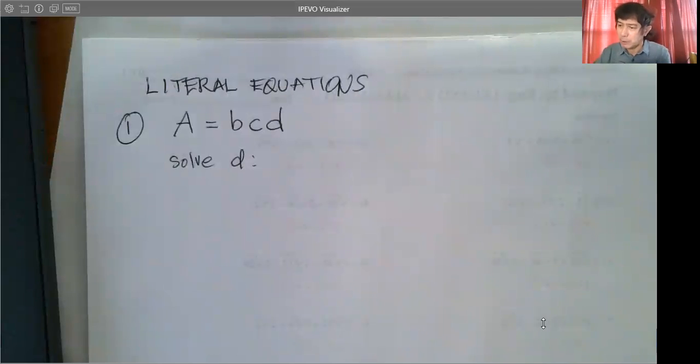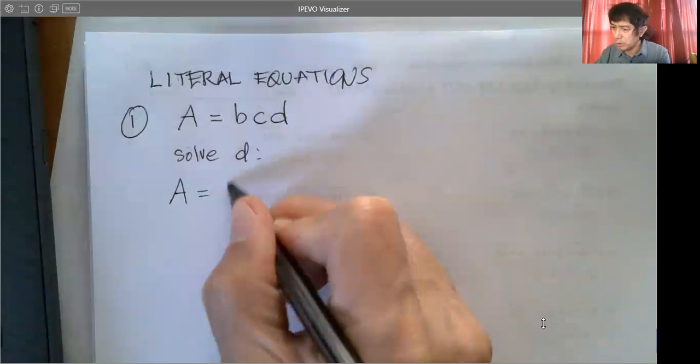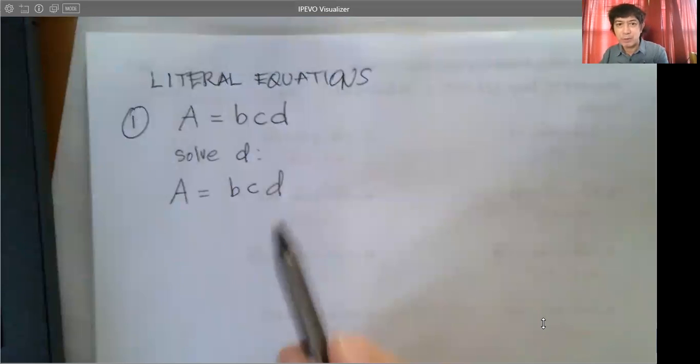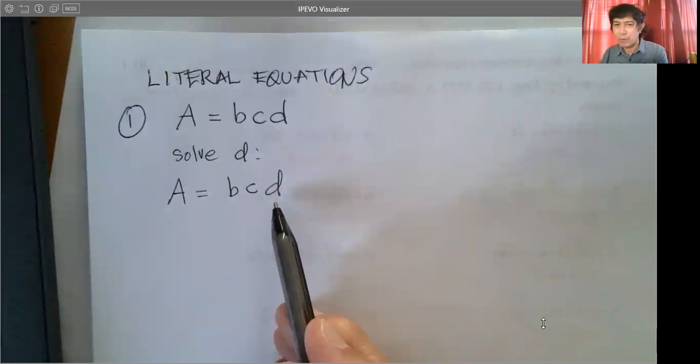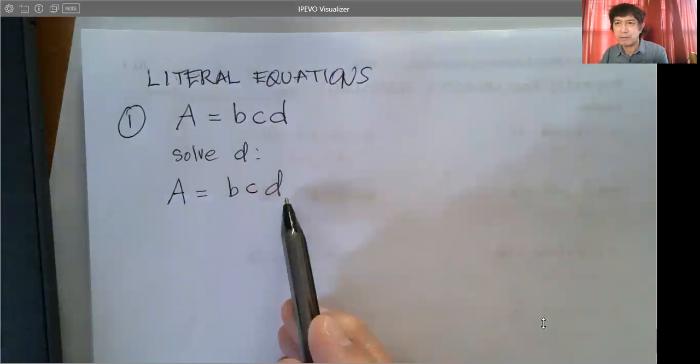So the given is A equals BCD, and you're after this variable in terms of the others. What you need to do is isolate the B and C from the D, and you can do this by way of division.